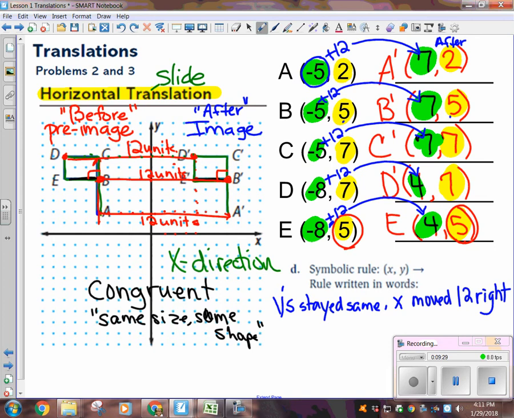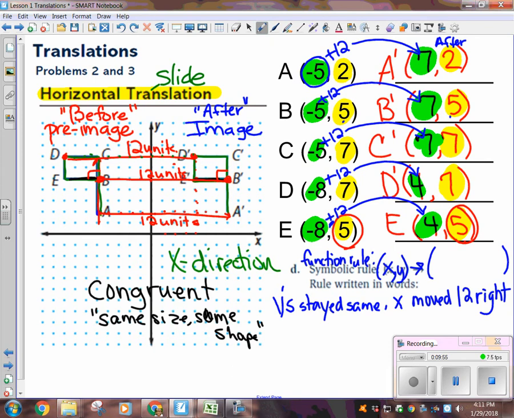Okay? All right, we're getting ready to write a symbolic rule in words. This is sometimes called your function rule, and every one of the transformations that we will do in this unit will have a function rule. This is the first function rule. So you're going to start with an x, comma, y, and then we have an arrow. This represents your beginning x's and y's. It's going to change. Now, how does it change?